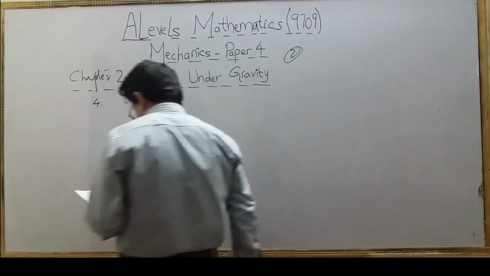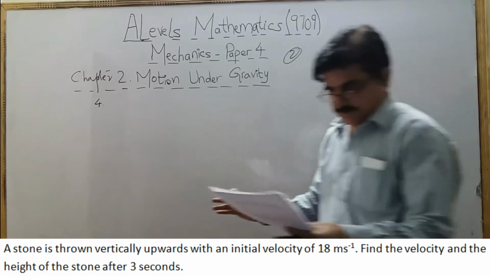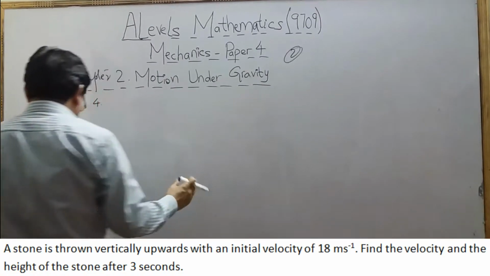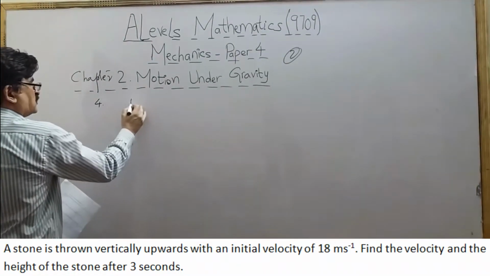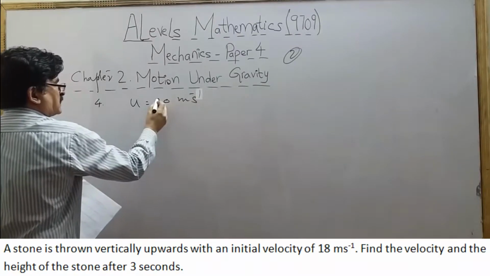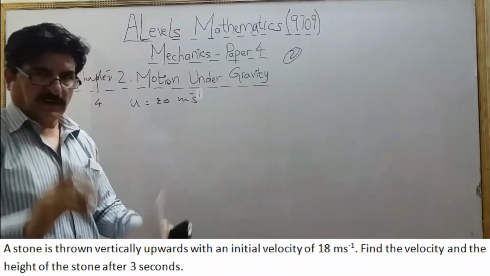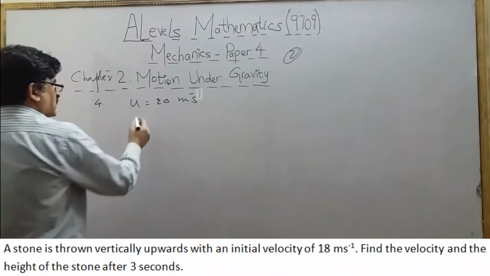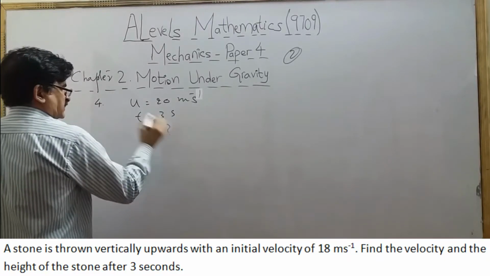Again read it. Now you will see a new situation in this example. A stone is thrown vertically upward with initial velocity. So u is given, 20 meter per second. Find the velocity and the height of the stone after 3 seconds. So after 3 seconds we have to find the distance.